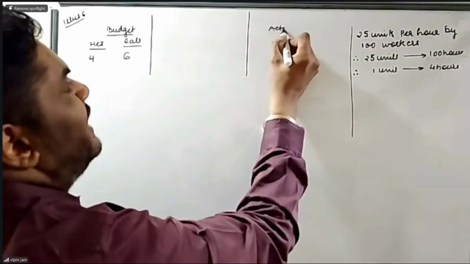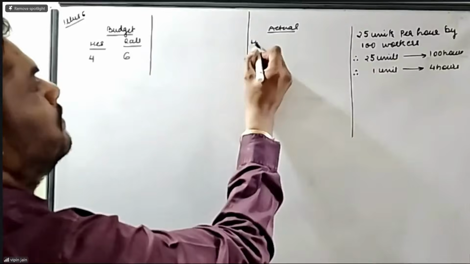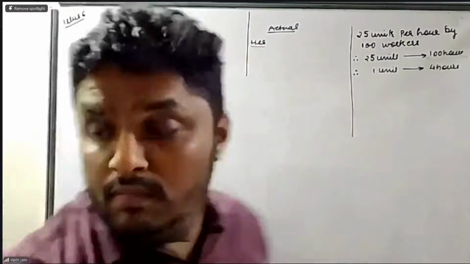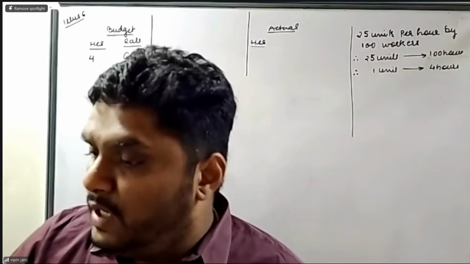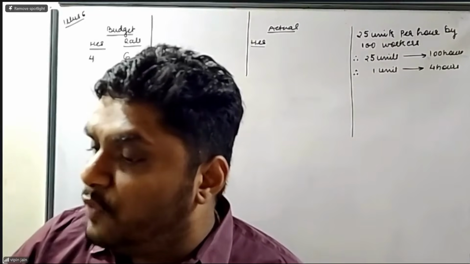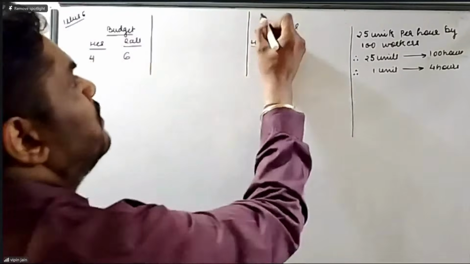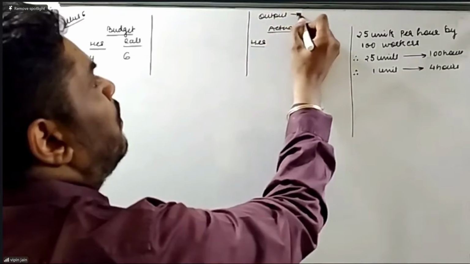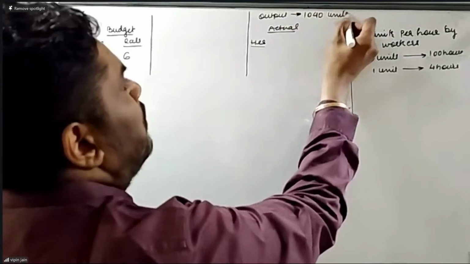Let's move towards the actual data now. So in a 42 hours week, the department produced 1040 units of EXE. So what is my output? 1040 units.